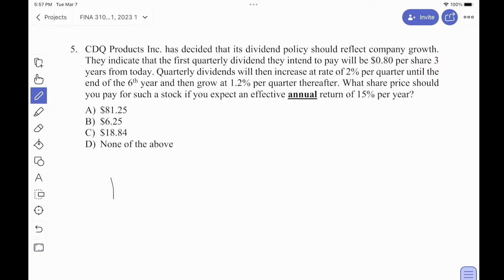Sounds familiar to the one that we did earlier, right? So in 3 years, so by the end of the third year, 80 cents will be paid per share. And then the quarterly dividends will increase at a rate of 2% per quarter until the end of the 6th year.